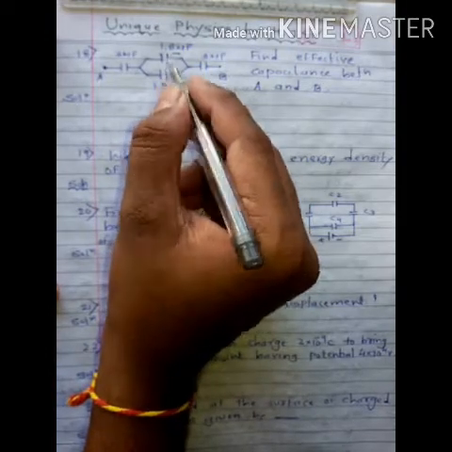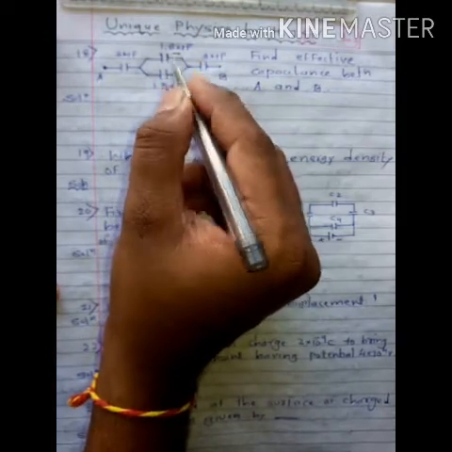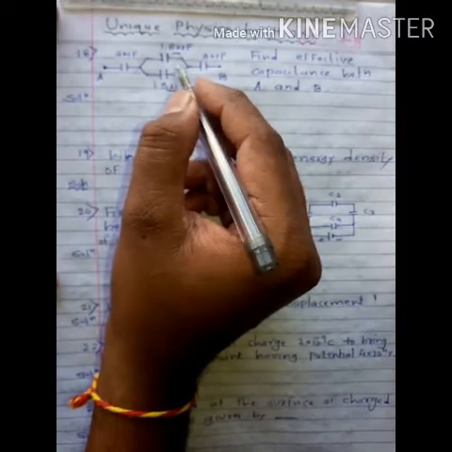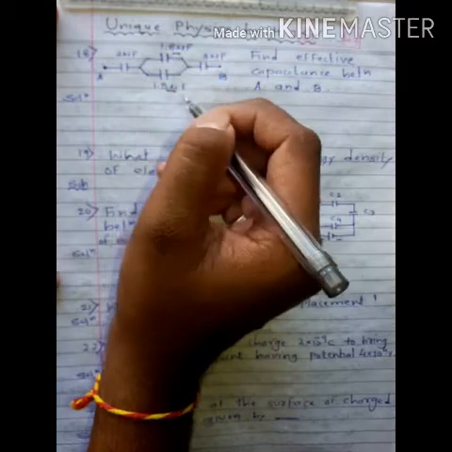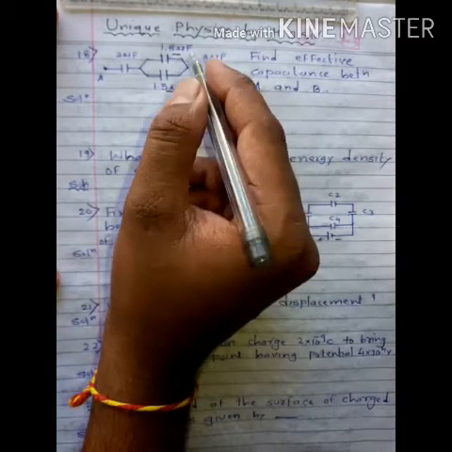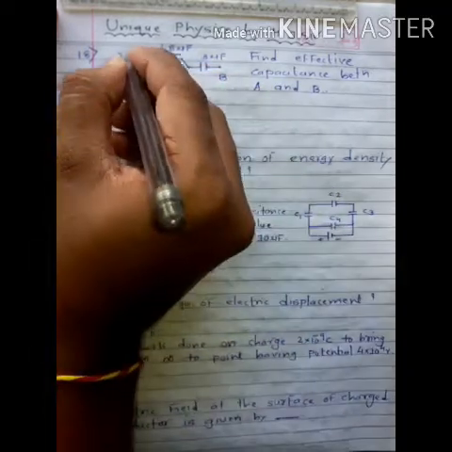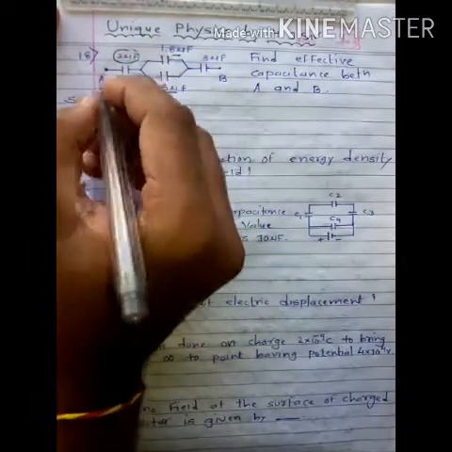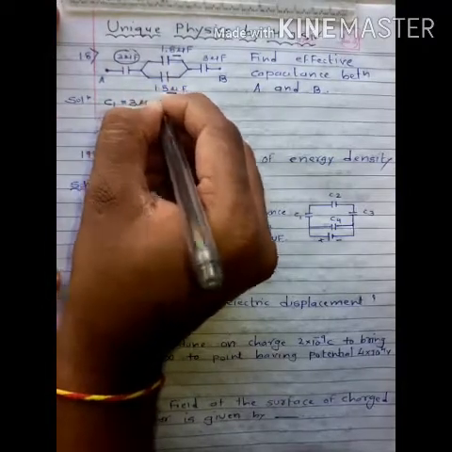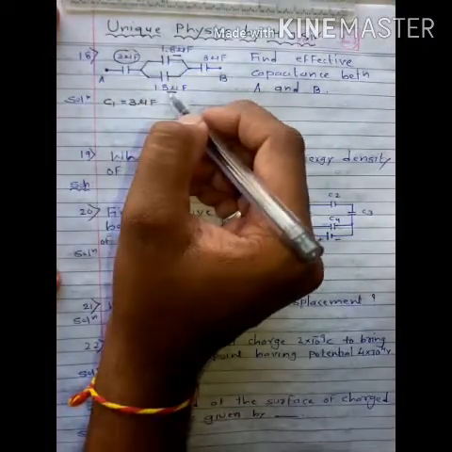From this figure we can say that this is a parallel connection of these two capacitors. Clear? So first of all we simplify these two capacitances. So the first capacitor C1 is equal to 3 microfarad, 1.5. Clear?